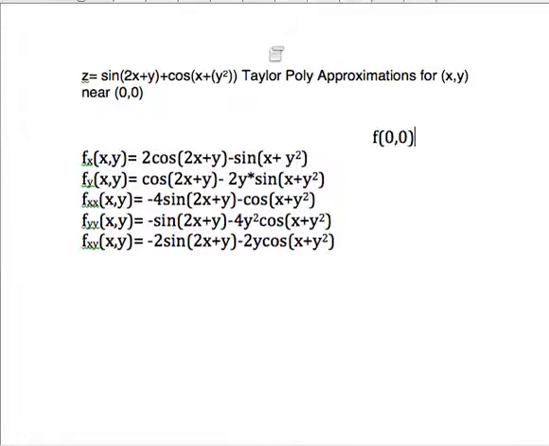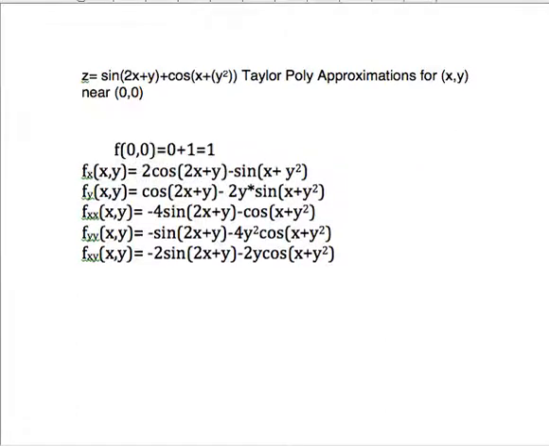And when I keep saying f, I do mean z, I'm sorry. So that is going to be sine 2 times 0 plus 0. So sine 0, everyone knows what sine 0 is, 0, and cos of 0 plus 0 squared. So cos of 0 is going to be 1, so it equals 1.